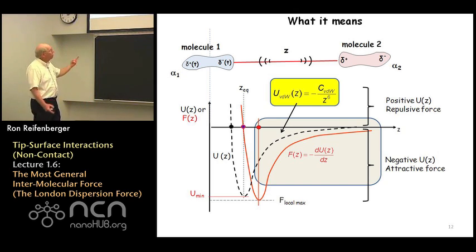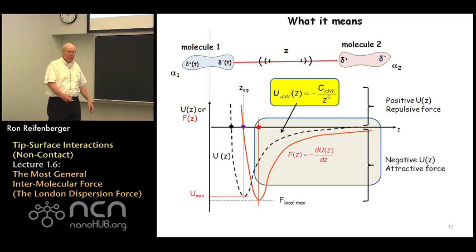And lastly, you can always get the force from the interaction potential energy by taking a derivative and multiplying by -1. So that's always assumed in this particular discussion. So this is ultimately what it means, right? We're just trying to understand how that interaction potential energy varies as separation between the two objects.